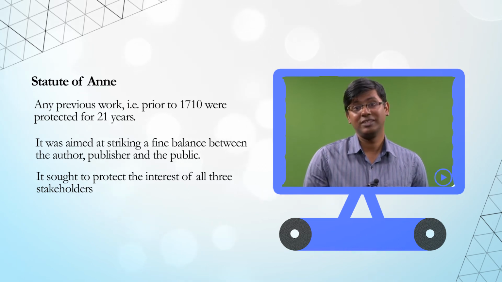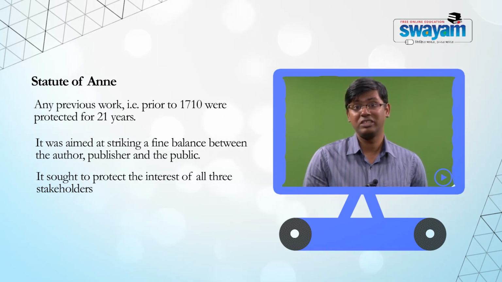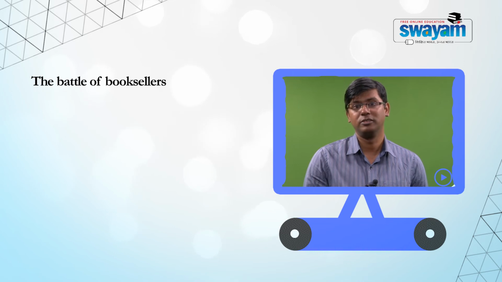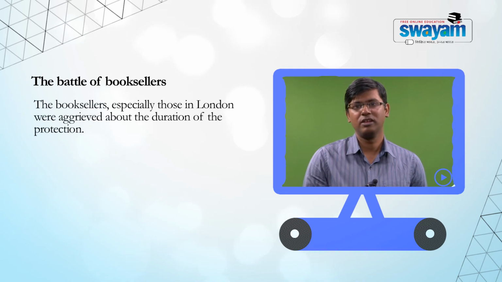But with the Statute of Anne restricting the term of protection to a period of 14 years, there was also what is called the battle of the booksellers. The battle of the booksellers is a fairly important development that happened at a very early stage of the Statute of Anne. Largely, the booksellers who were based in London were completely aggrieved about the duration of the protection.